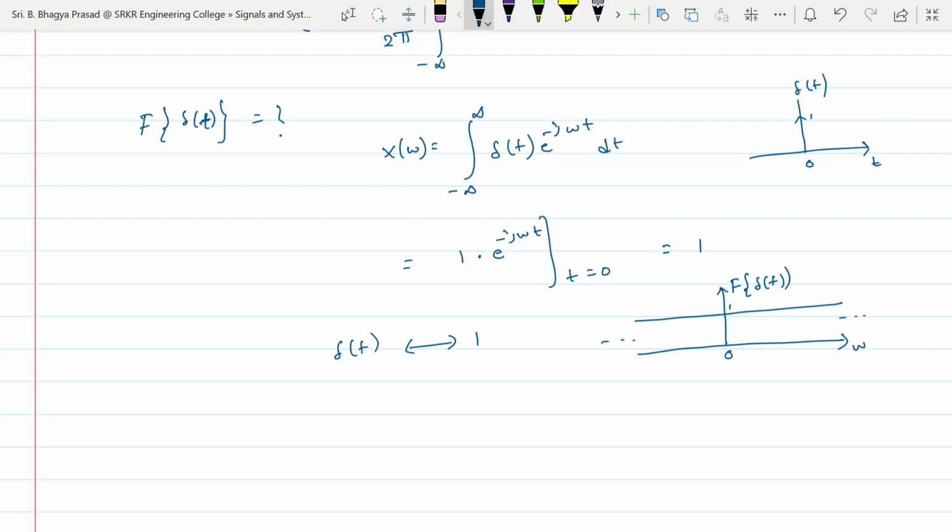Here you have to be careful with the representation: the Fourier transform of delta t is not delta of omega.